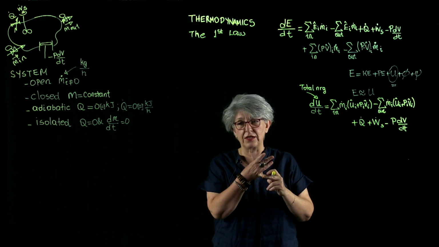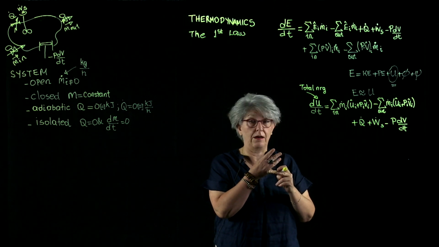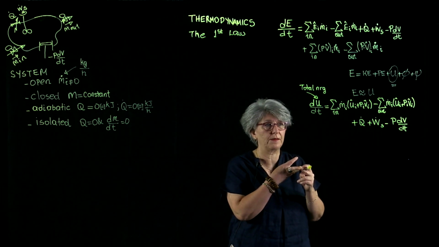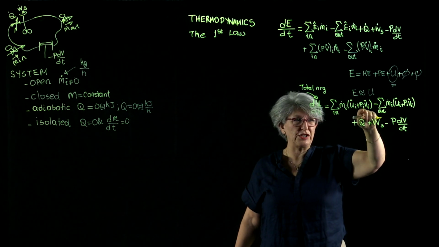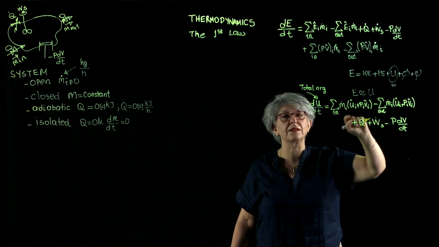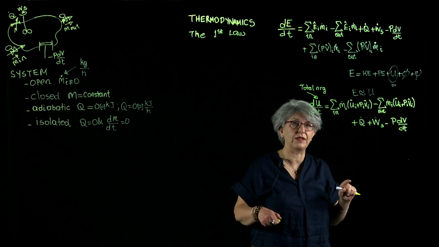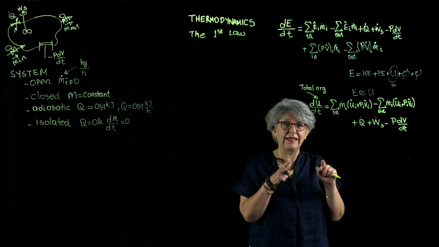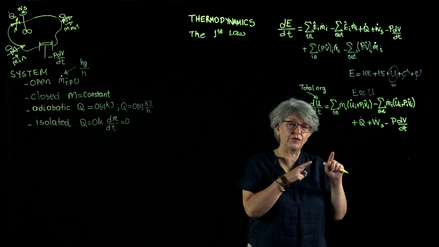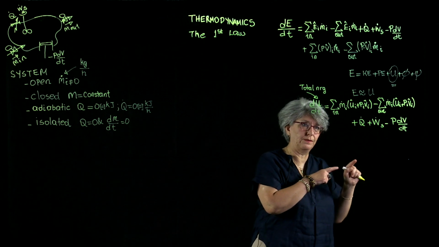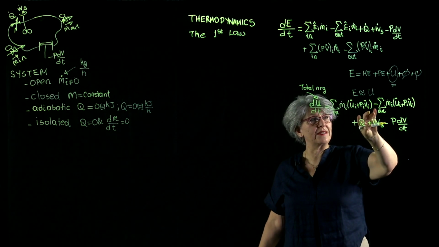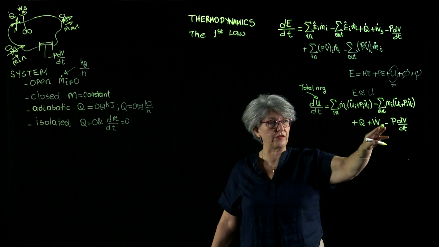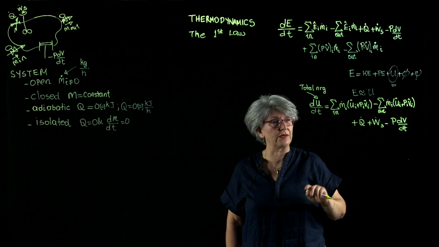Specific internal energy, meaning energy per unit mass of stream 1, energy per unit mass of stream 2, energy per unit mass of stream 3. This is the pressure of that stream. This is the specific volume of that stream. So we specify each stream in its own state and obtain values for internal energy, pressure, specific volume. They bring in this amount of energy, they take out that amount of energy, plus heat, plus shaft work, minus the surface boundary movement.